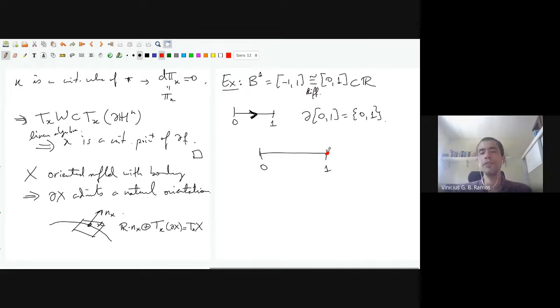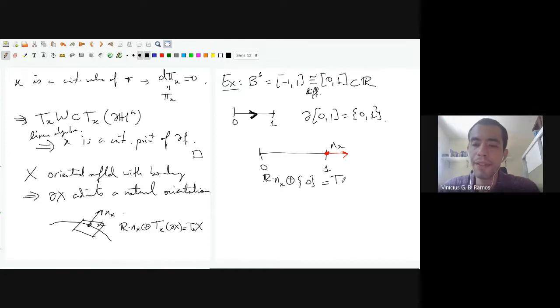So what you have to do at 1 is look at the outward normal, and then look at the tangent space to the boundary. The tangent space to the boundary, at a zero-manifold, is just the zero vector space.